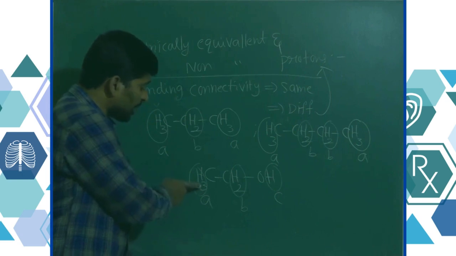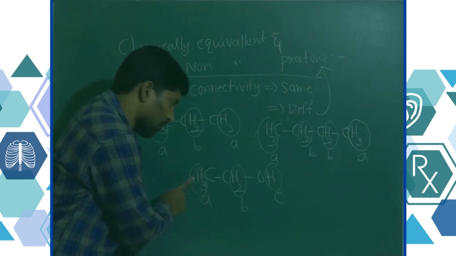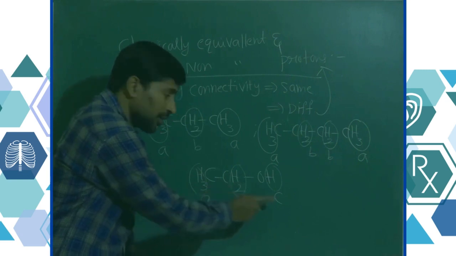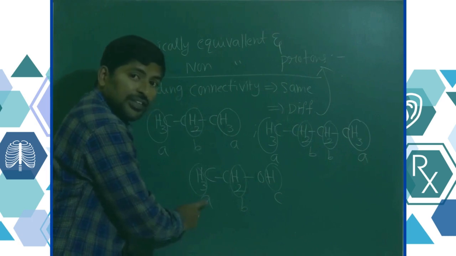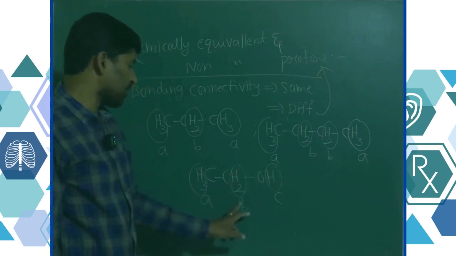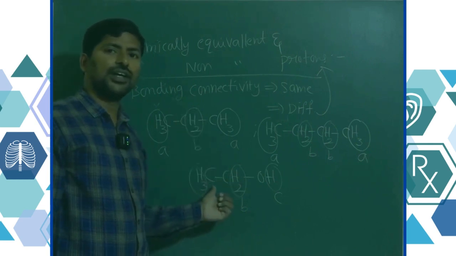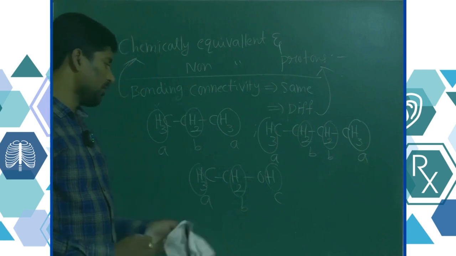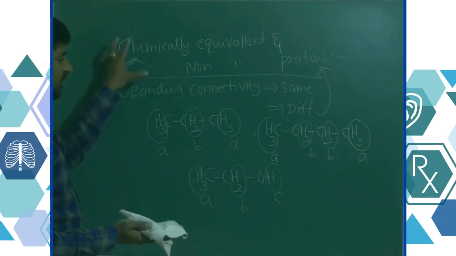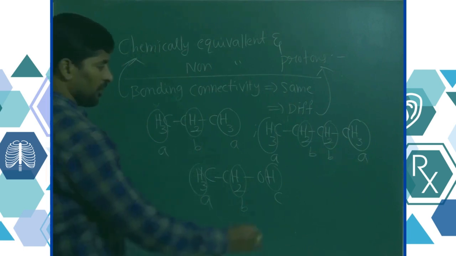The intensity of the A signal may be more, since the signal corresponds to 3 protons; the B signal corresponds to 2 protons; the C signal corresponds to only 1 proton. So the intensity of A may be more compared to B, compared to C. Totally how many signals do we get? 3 NMR signals, since we have 3 different types of protons. This is the concept of chemically equivalent and non-equivalent protons.